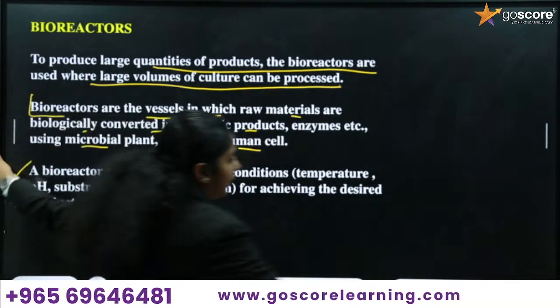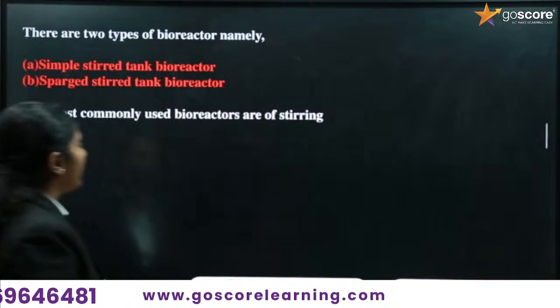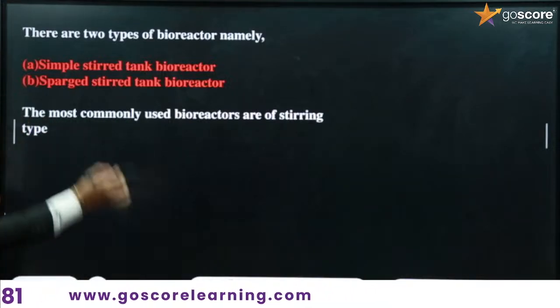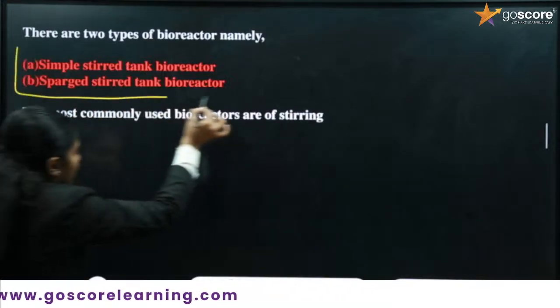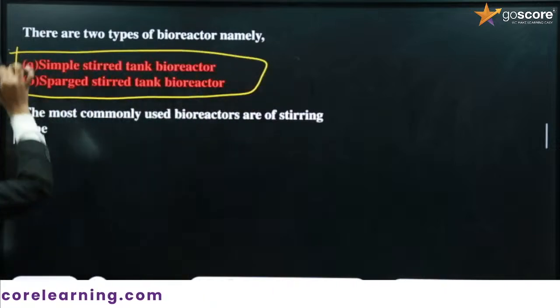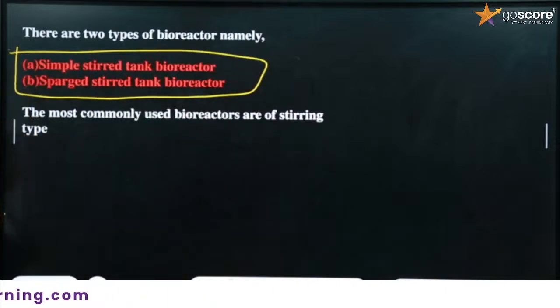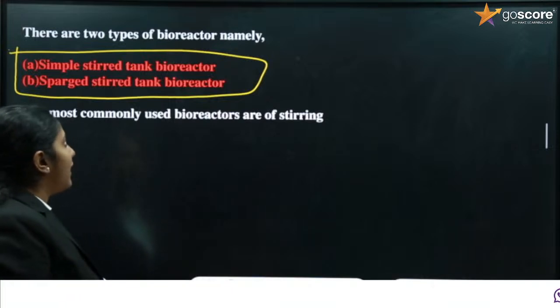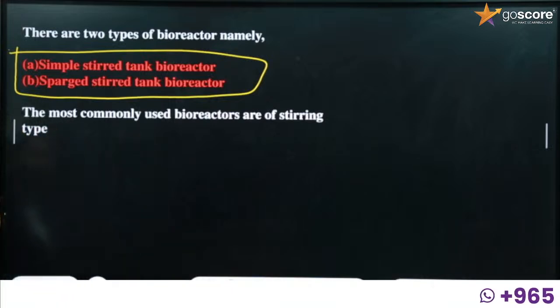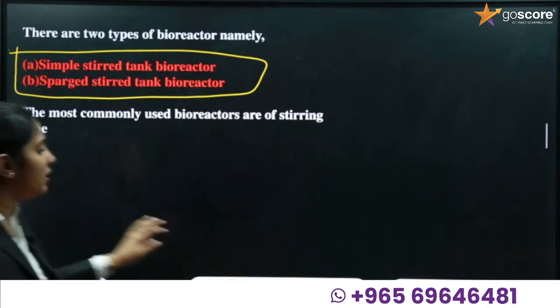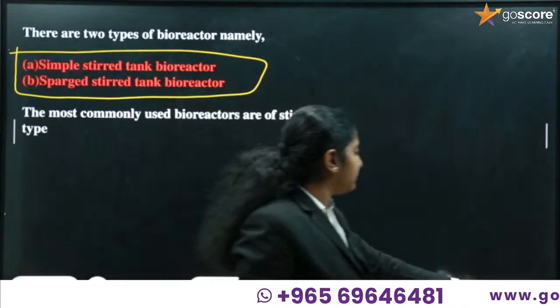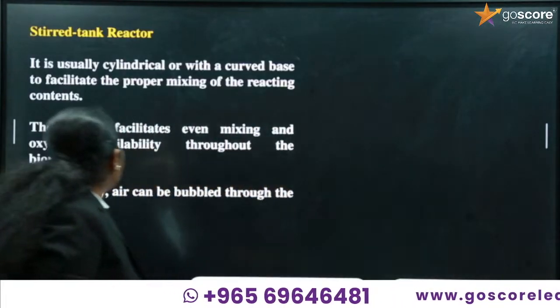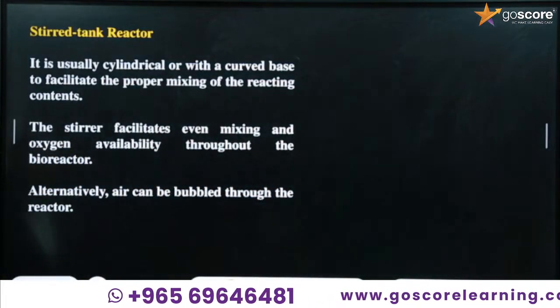Then there are different types of bioreactors. What are the two major types? The simple stirred tank bioreactor, and second, the sparged stirred tank bioreactor. The commonly used bioreactor is the simple stirred bioreactor, so we have to study stirred tank reactors.